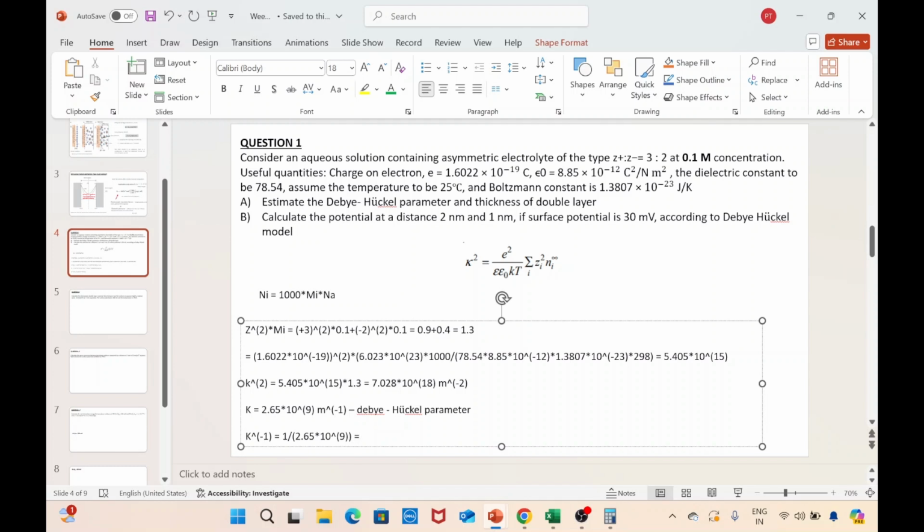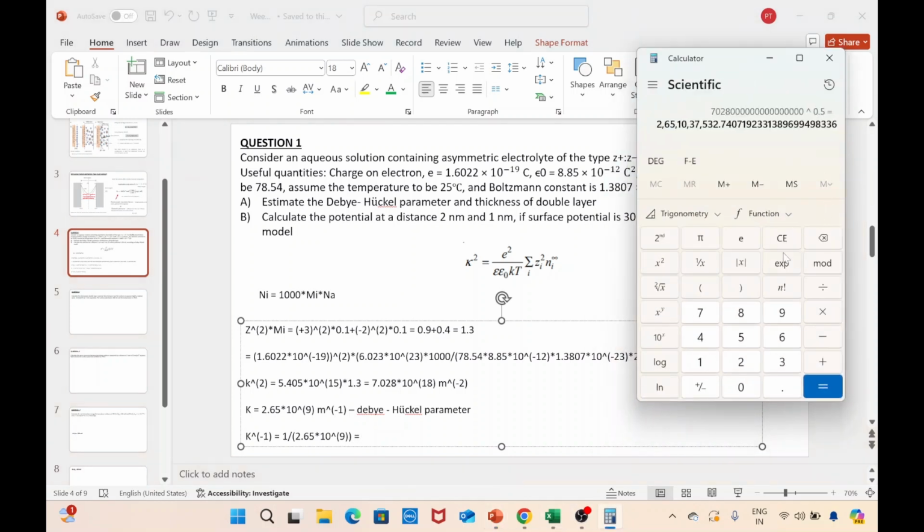So this value is nothing but, let's calculate. What is this value coming around?